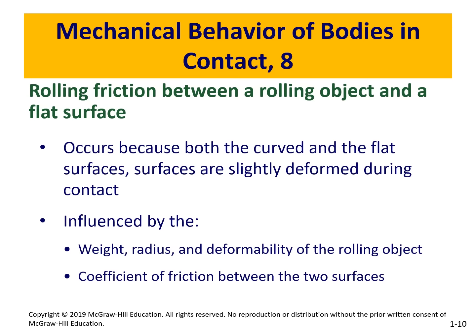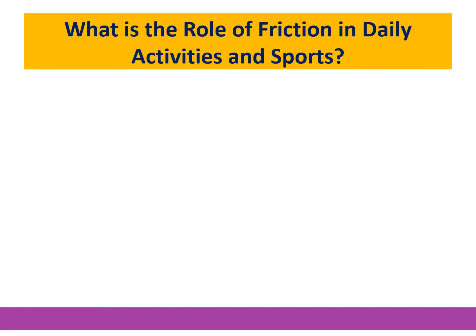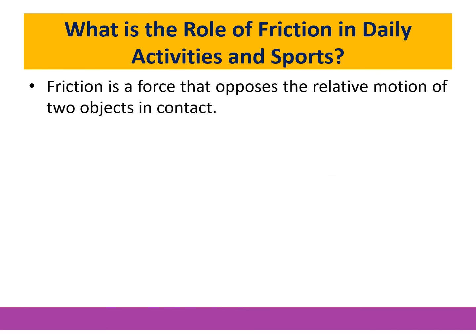So in summary, if you would like to look at the big picture about the role of friction in daily activity and sport: friction is a force that opposes the relative motion of two objects in contact, and we need to keep that in mind when we design anything for human motion analysis, human performance or wearables.